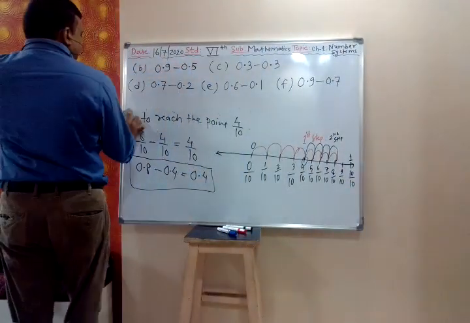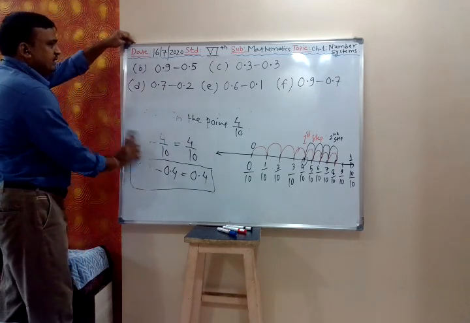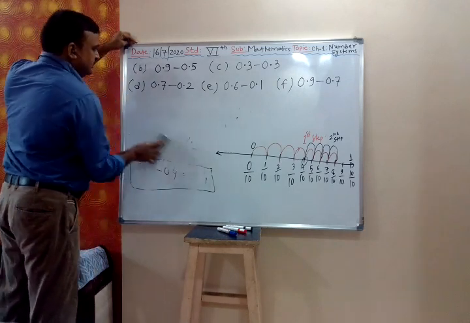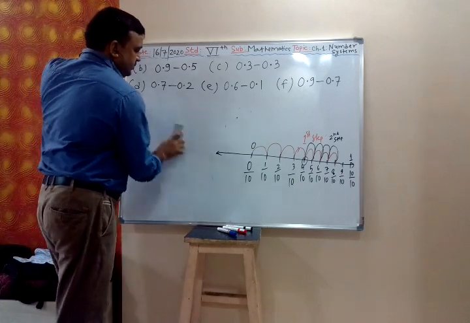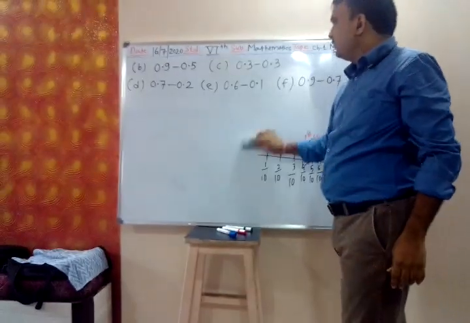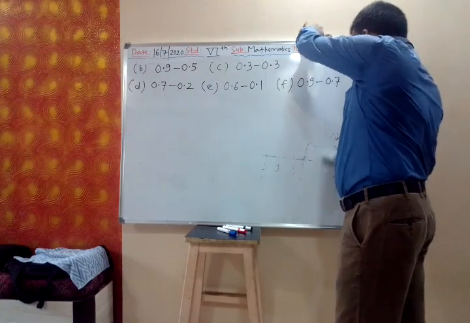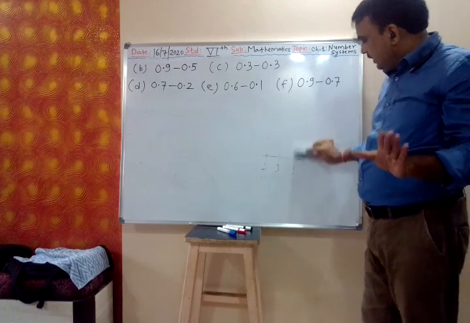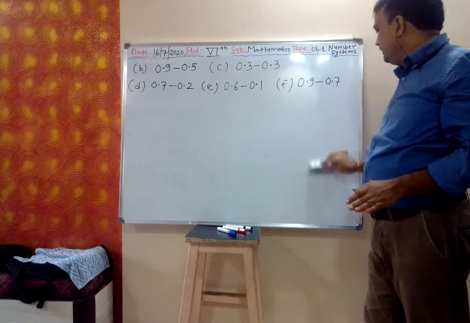If you want one more, I will solve. A I have done. Now out of B, C, D, B is 0.9 minus 0.5.